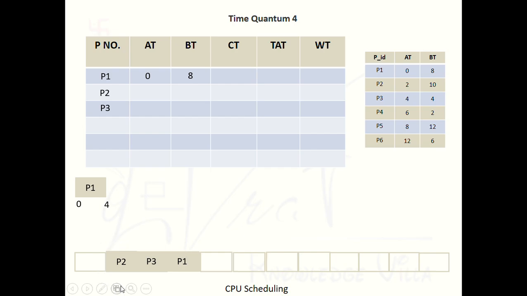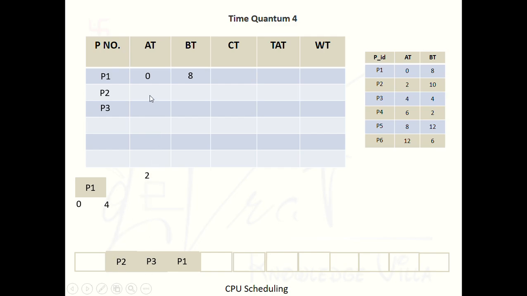But right now we are going to allocate the CPU to process P2. The queue works on a first come first serve basis. Whichever process arrived inside the queue first will be served first. Right now P2 arrived first into the queue, so we will allocate the CPU to process P2.